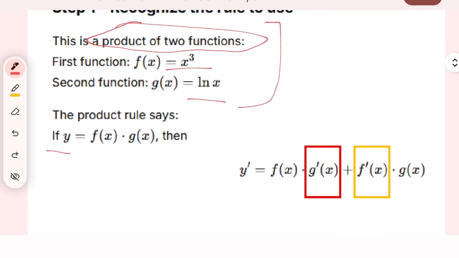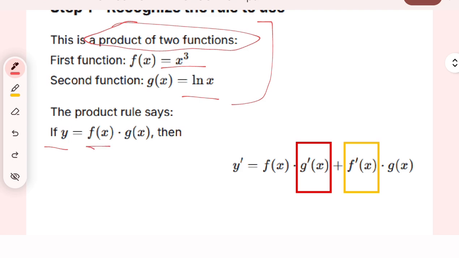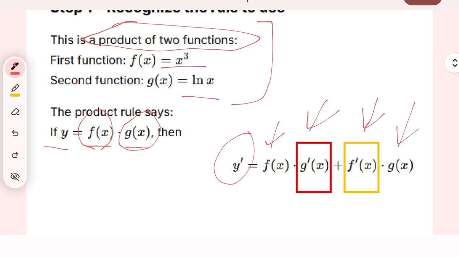If y is equal to one function multiplied by another function, then the derivative of y is equal to the first function multiplied by the derivative of the second function, plus the derivative of the first function times the second function.